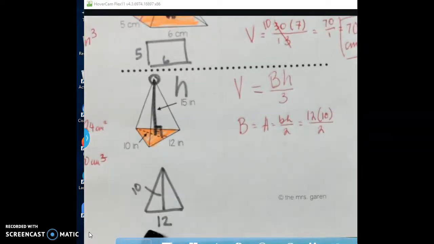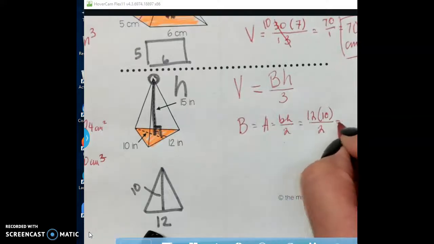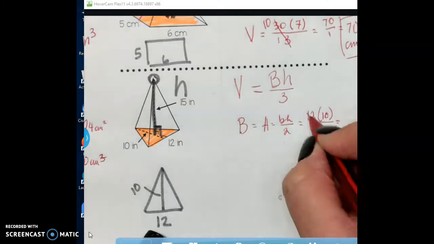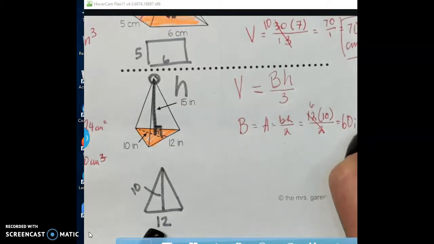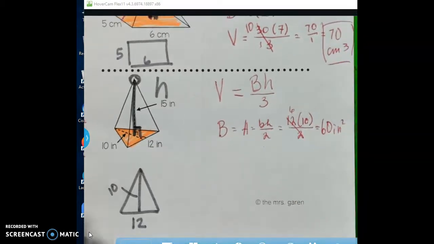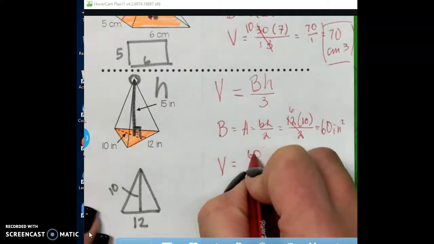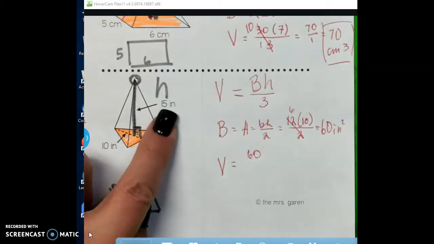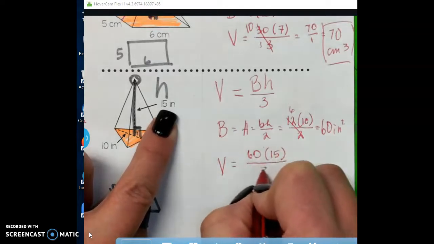Again, why am I dividing by 2? I am simply following my formula. That means area is 60 square inches. All right, so volume would be 60 times 15 divided by 3.